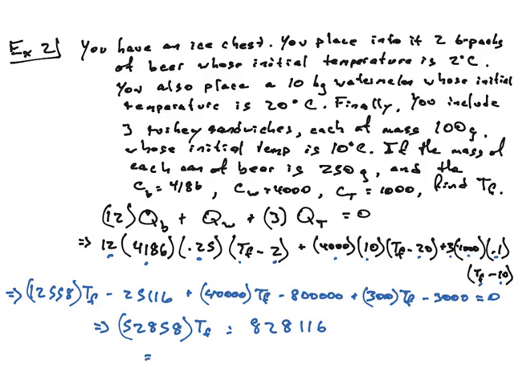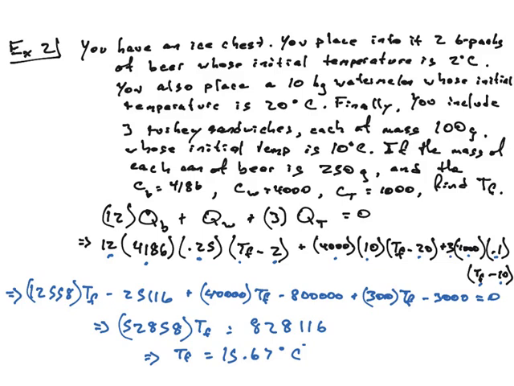And of course, solve for TF. I divide that thing over. And I get TF is 15.67 degrees Celsius. Before I box it, does this make sense? Can it be this answer?